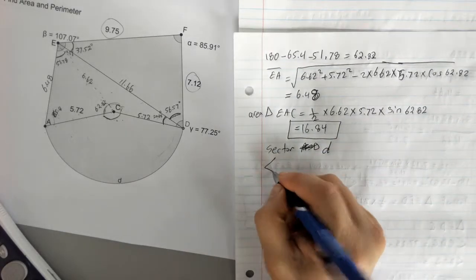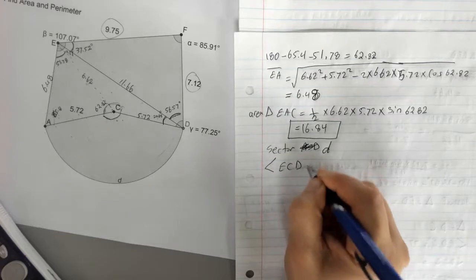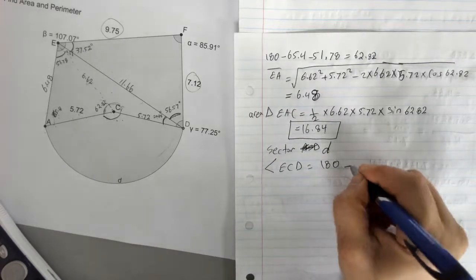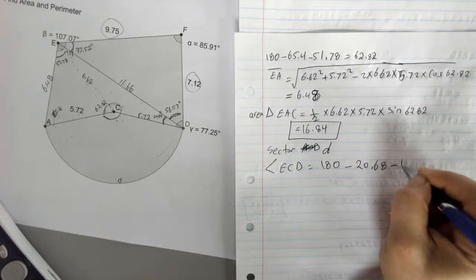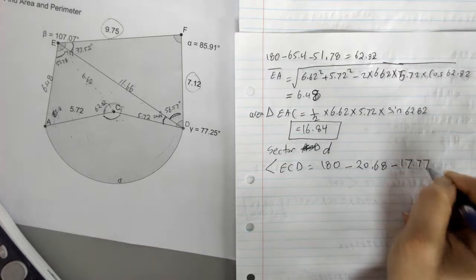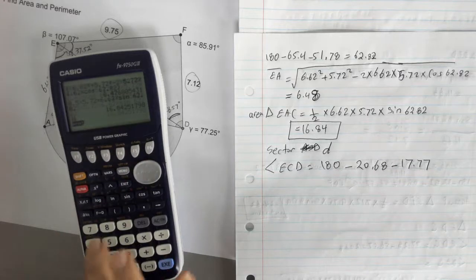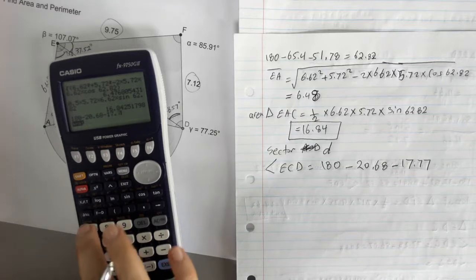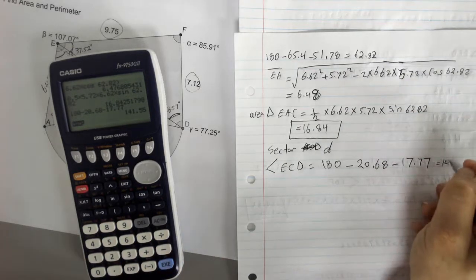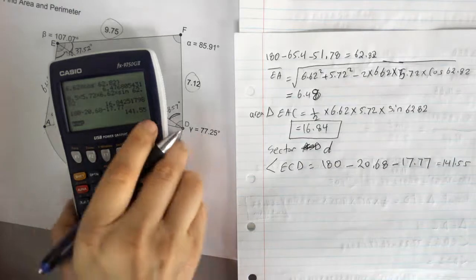I need to find the angle ECD, and this is by area of triangle, because I've got the other two angles in that triangle calculated.